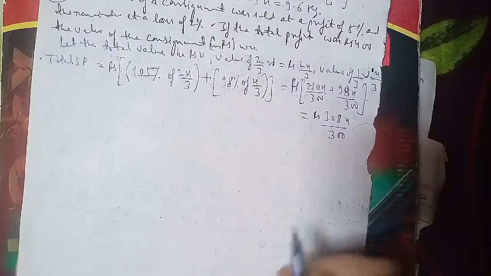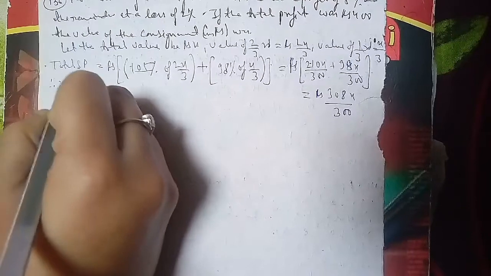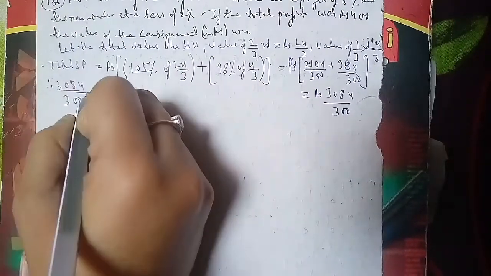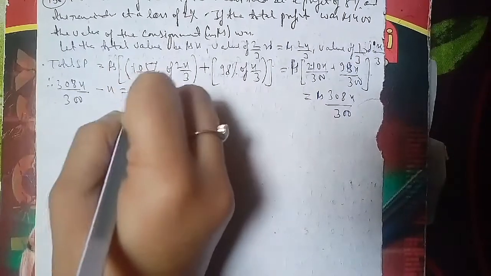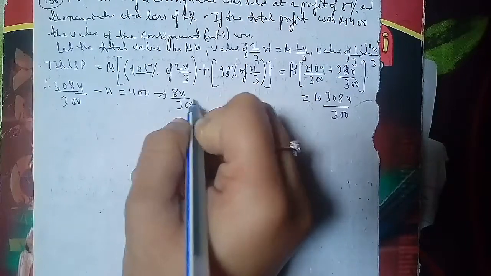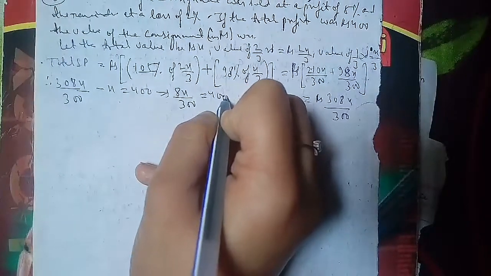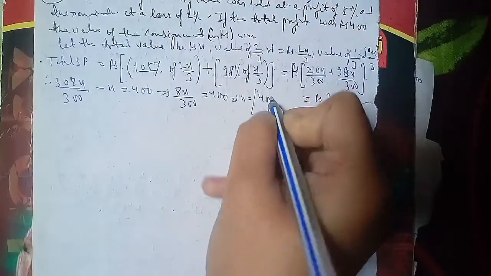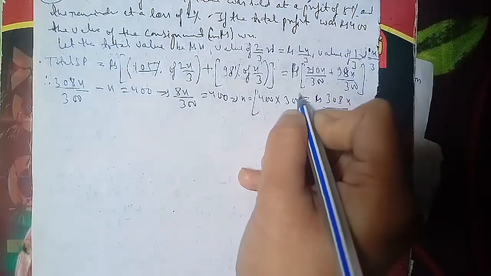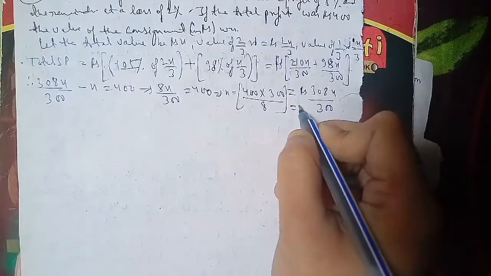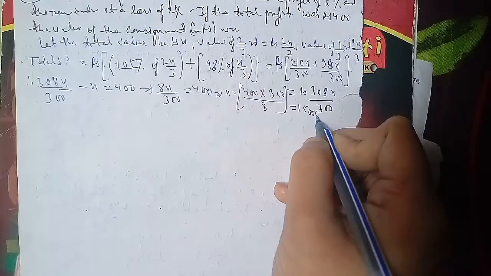So 308x upon 300 minus x is equal to 400. 8x upon 300 is equal to 400. x is equal to 400 into 300 upon 8, which is equal to 15,000, that we get as an answer.